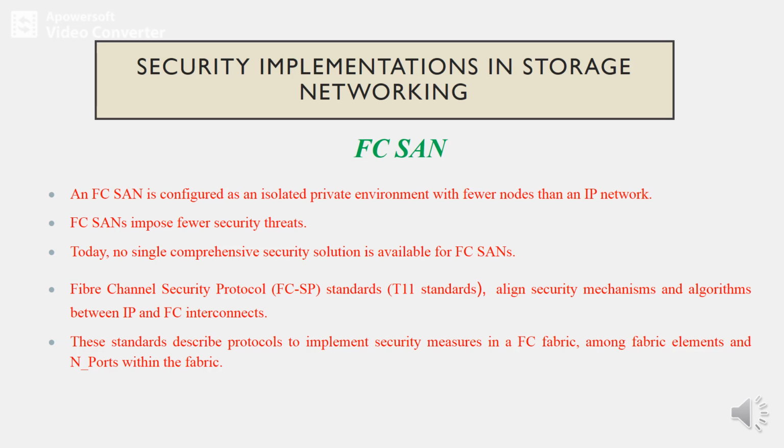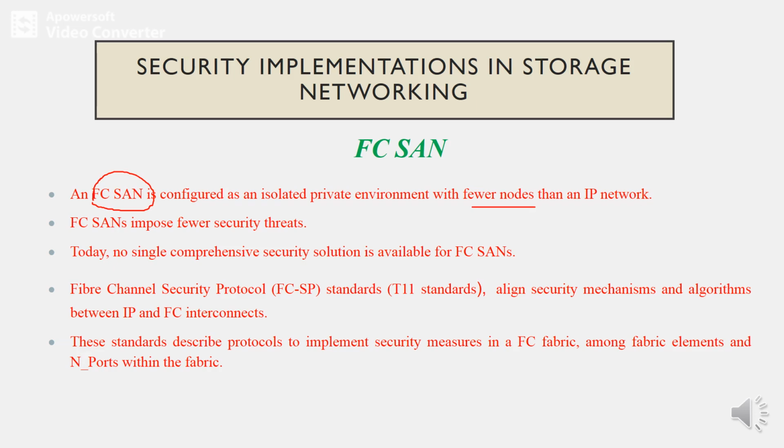So in the case of FC SAN, it is configured as an isolated private environment with a lesser number of nodes than an IP network. So in the case of fiber channel SAN, we are having a lesser number of nodes within the SAN architecture.